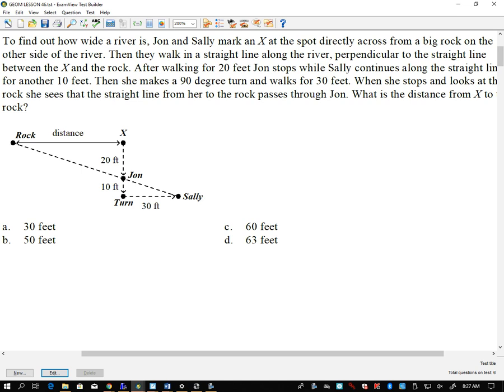And I want to plant that last flag where you see Sally at a point where I can see that the first flag that I planted is directly in line with the rock that's across the river. And what I've created is two right triangles. Okay, do we see those? Now if I look at this, what do we know about vertical angles? Vertical angles are what? Congruent.